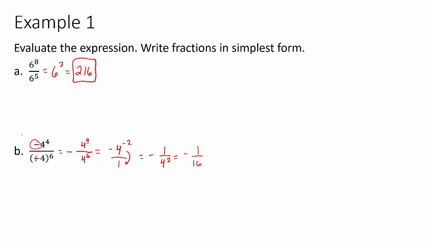I'll just remind you that these negatives that are here at the beginning are not the same as having negatives in our exponent. The negative in this exponent does not affect the negative that's outside. All the negative in the exponent does is tell me to move the 4 down to the bottom and then square it.